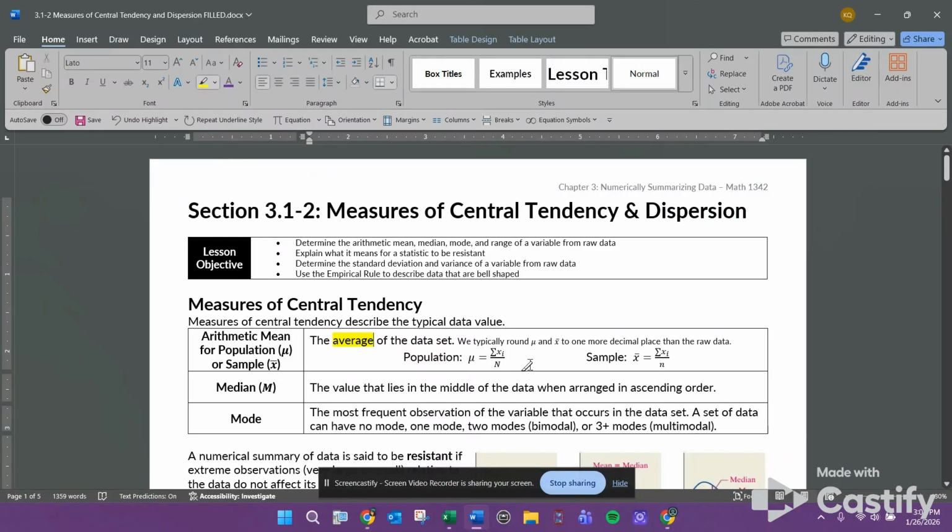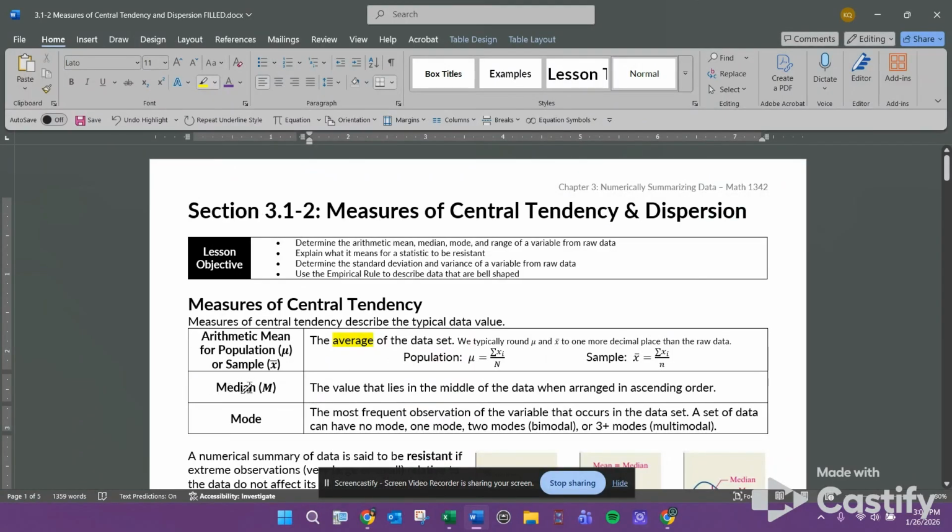Now, being that we don't typically have an entire population represented in our data, we also have a formula for the sample mean, which is represented by x bar. That's how you would pronounce this, x bar, which again is just the sum of all of the values divided by the number of values in our sample. So you add them all up and divide by the number you are adding up. That has always been the average. It's always been the mean.